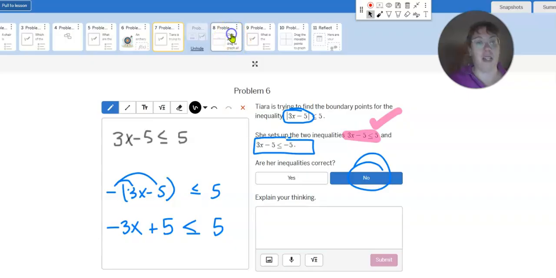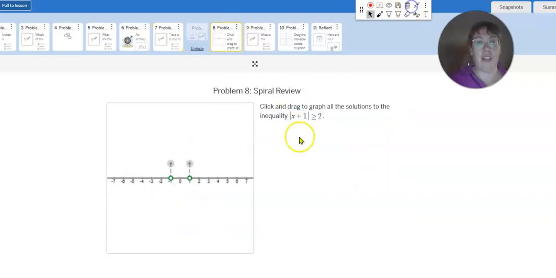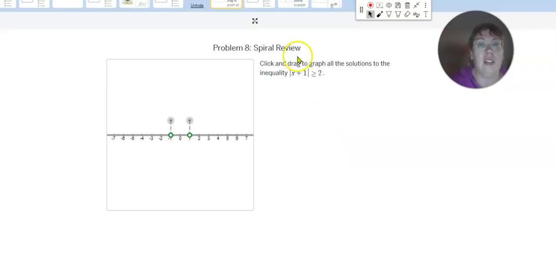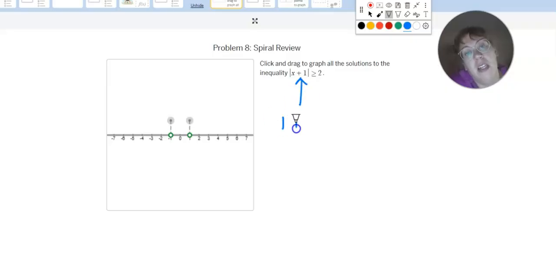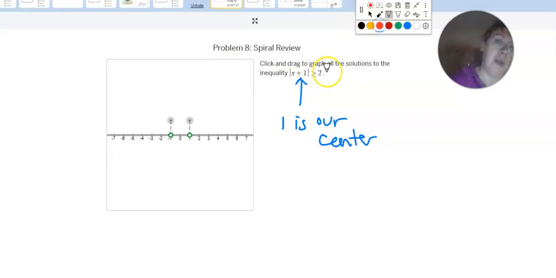So now we're going to our next slide, which is going to say problem 8. Click and drag to graph all of the solutions to the inequality. So 1 is our center point. We want to see how far we are from 1, and we can only be 2 spaces away. So we go to 1, we go 2 to the right, and 2 to the left.